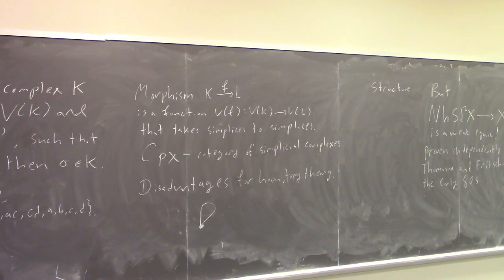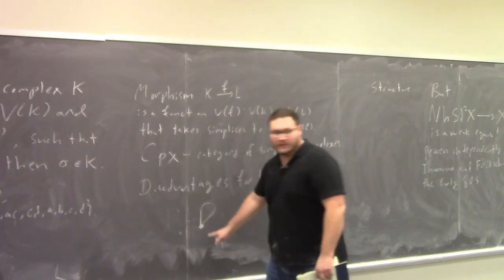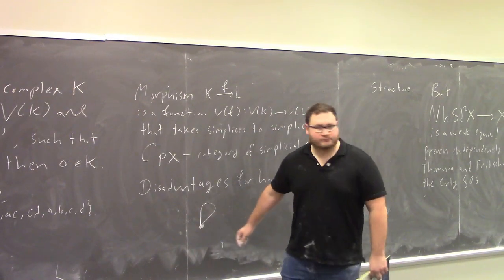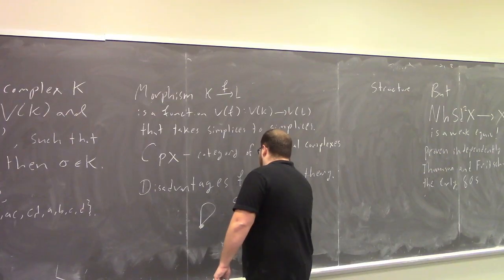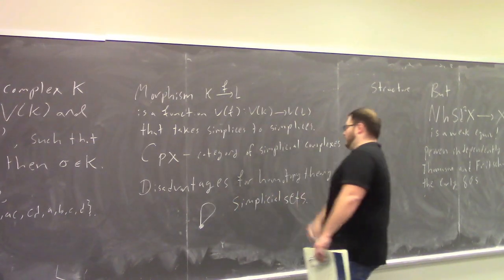Because I can only have edges between two different elements. You're always having to subdivide things, whereas here, this is a perfectly good simplicial set, and a perfectly good CW complex.